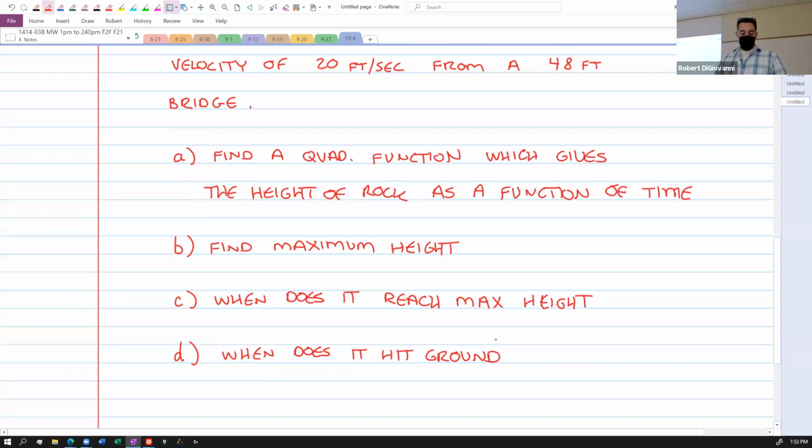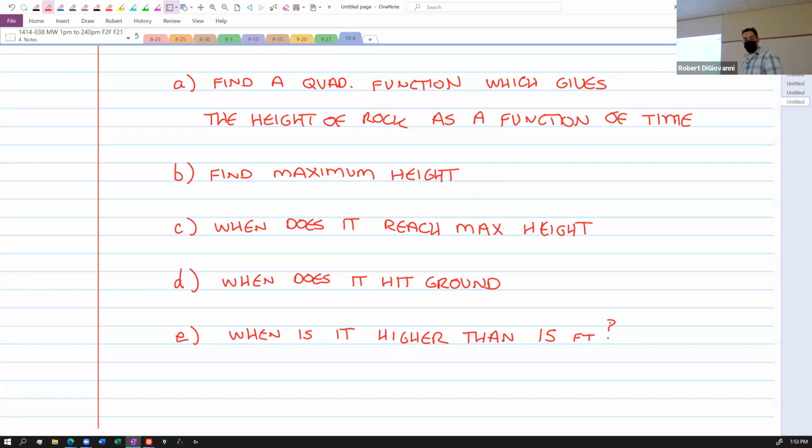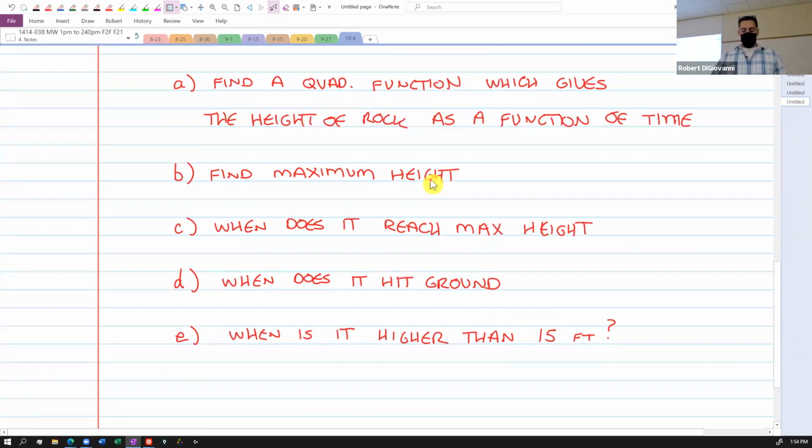And the last thing I want to know is when is it higher than 15 feet. Lots of questions. All right, ready to start talking about this?